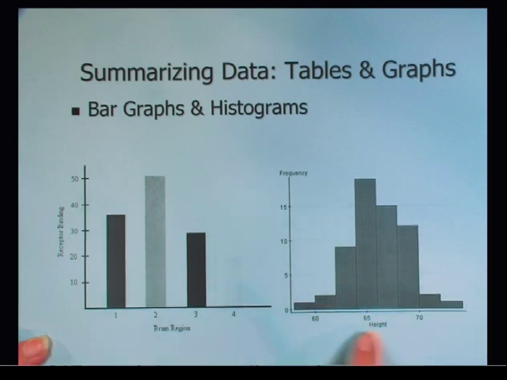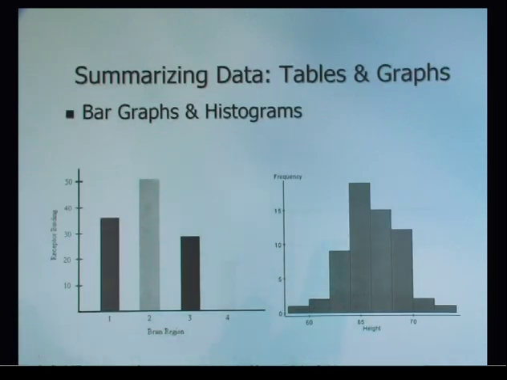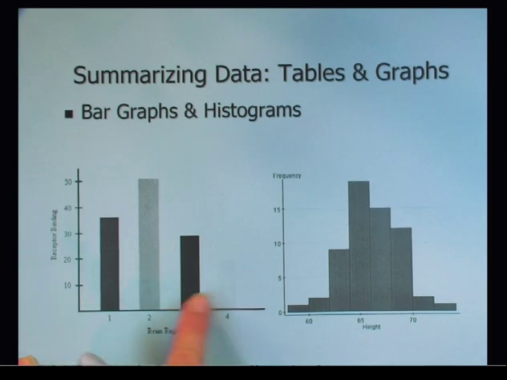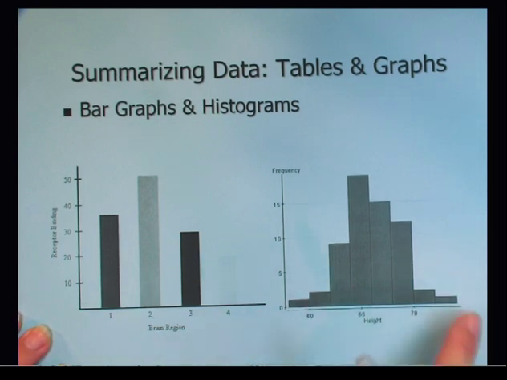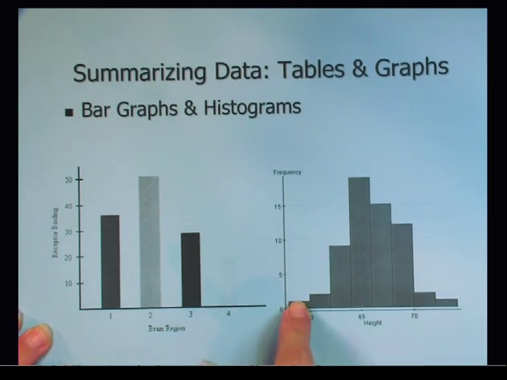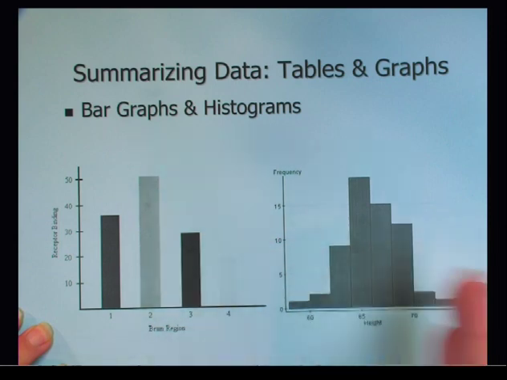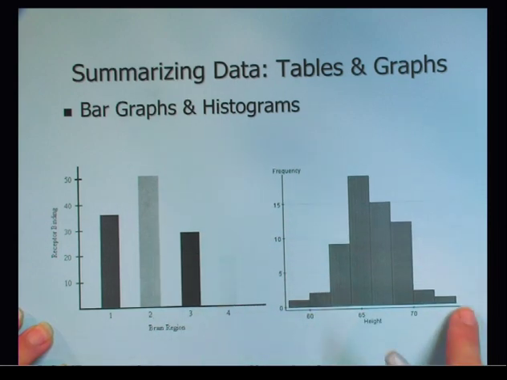So something like height. You could take height in inches, and instead of creating a bin like we do for every single number, because you might have someone who's 5 feet 5 inches, 5 feet 6 inches, 5 feet 6 and a half inches, and so you're going to have a lot of bins if you do it that way. Instead of doing that, we group the bins, and so you might have 5 feet 2 inches to 5 feet 4 inches in one bin, and so on, and it gets taller as you go this direction.